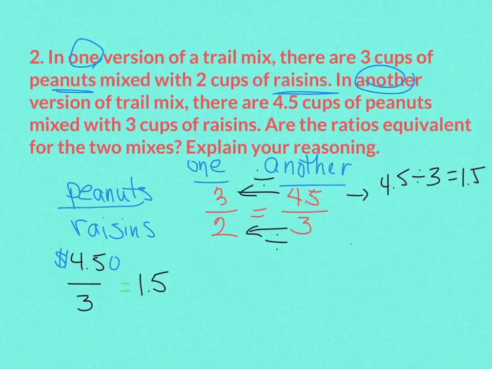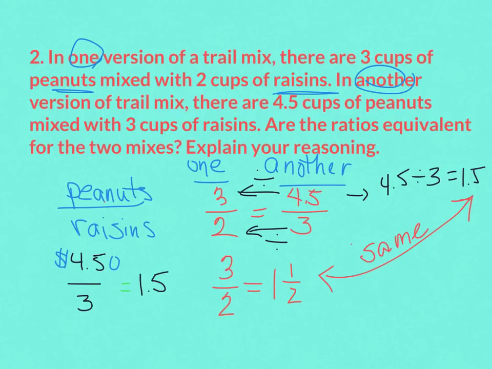So now we have to see if they share the constant of proportionality for the next two. So 3 divided by 2. Now look at that. I know some of you are saying, well, 2 doesn't go into 3. Well, in this case, I just look at it as a fraction and reduce it. I know that 3/2 is equal to 1 and 1/2, which of course we know, decimal form, fraction form, these are the same.